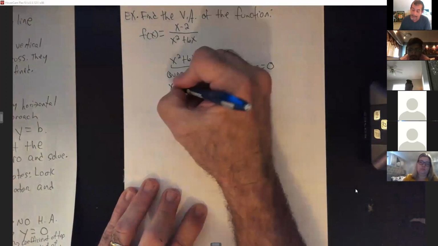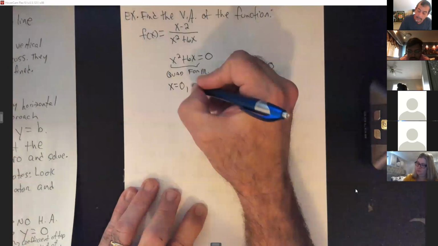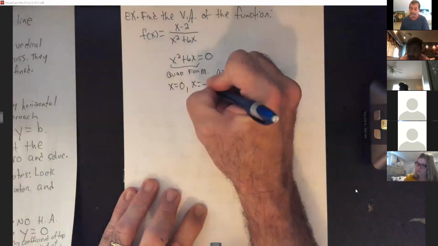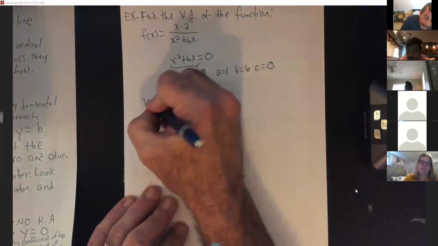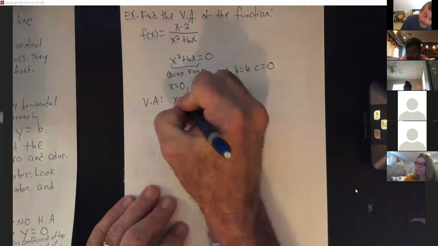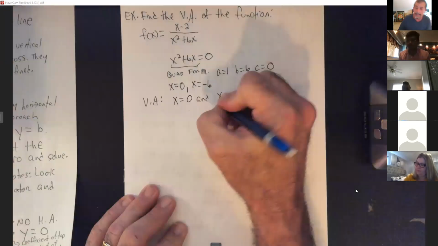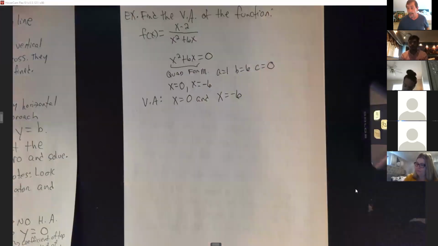You'd have got 2 answers. You would have got a 0. You would have got a -6. So my vertical asymptotes are x equals 0 and x equals -6. So really, once you got the 2 answers, you don't do nothing else.